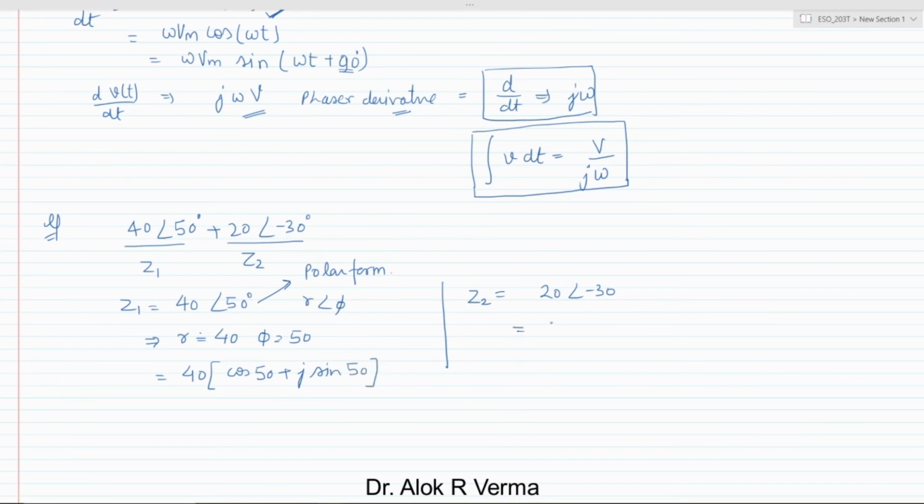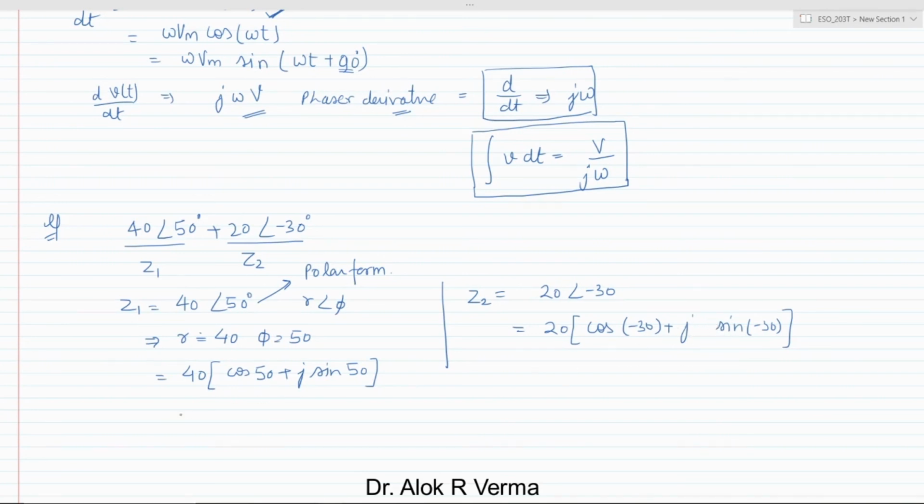Similarly, Z2 will become 20 cos of minus 30 plus j of sine of minus 30. So this is the representation.